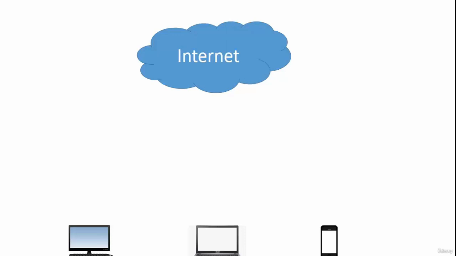They need an access point for that. The access point is your router, or we can say a modem. If any of these clients wants to access the internet, first they have to access this modem, and then this modem sends the request to the internet.